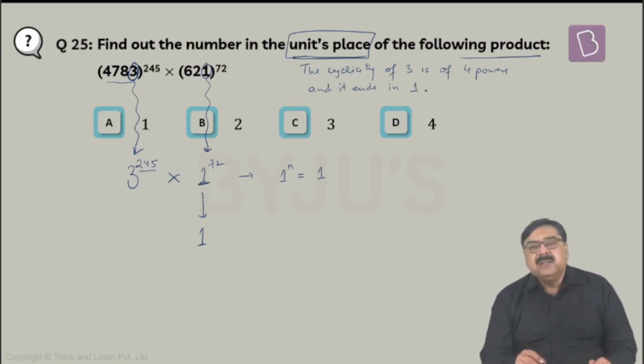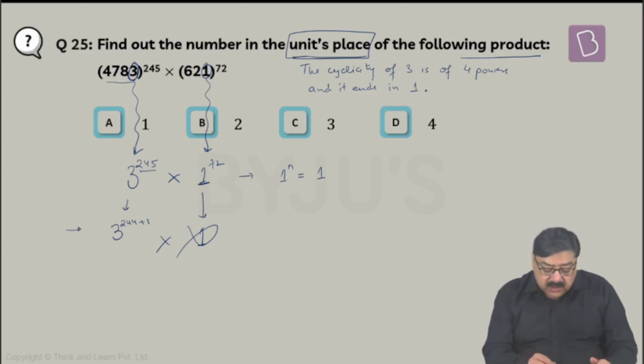So what we will do is we can rewrite this 3 raised to 245 in such a way that first we will take a number which is less than 245, but it is the nearest multiple of 4. So we can write this as 3 raised to 244 plus 1. Now let's focus on this only.